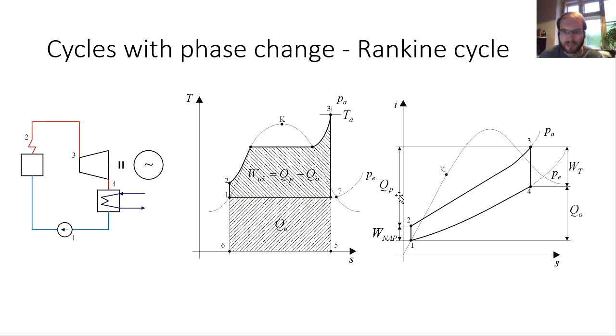And here on the right hand side, we can see the same cycle illustratively shown in the enthalpy entropy diagram. Again, having the work of the pump 1 to 2 and the work of the turbine 3 to 4.